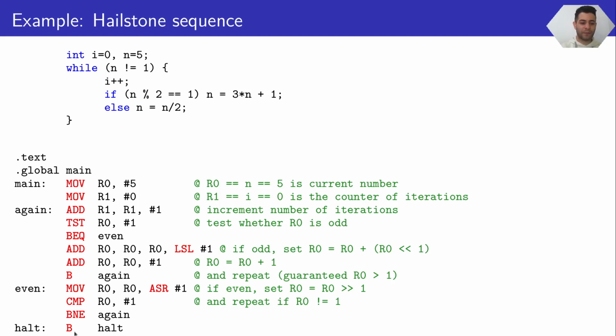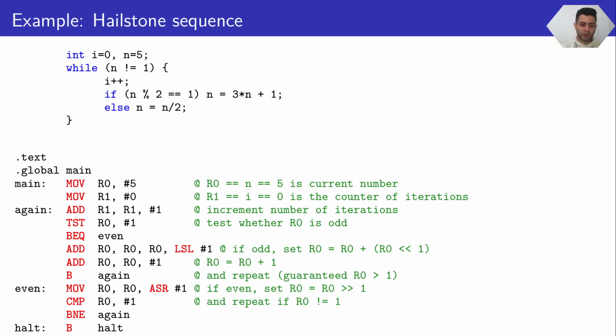Otherwise, we end up in this infinite loop. Okay, the remaining part is this one. So this condition is not true, and then what we are doing here, you remember the trick. We are logically shifting left by 1, so we are multiplying R0 times 2 to the power of 1.